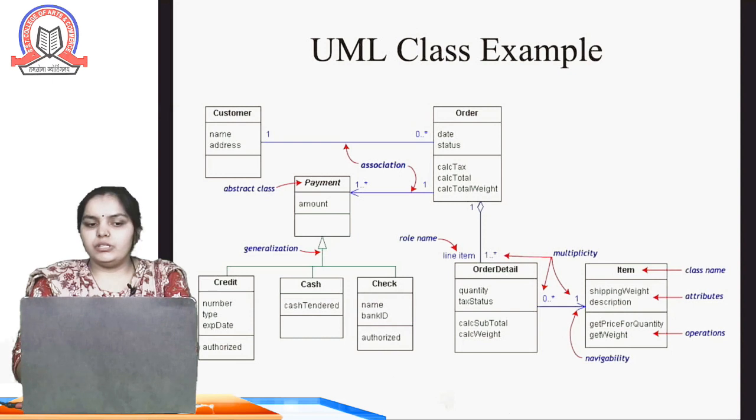Where we show the hollow diamond, that is the aggregation relation. Order detail has an aggregation relation with orders. So this is an example of a UML diagram.